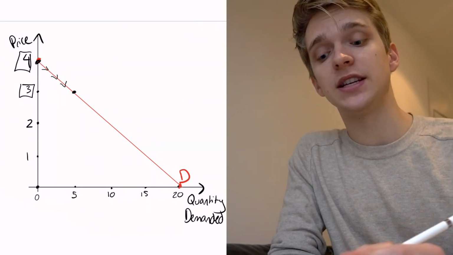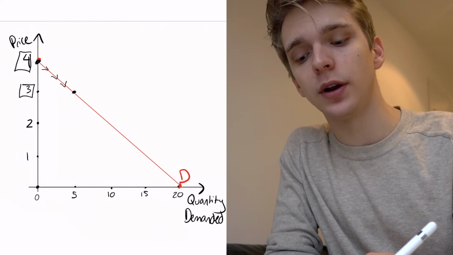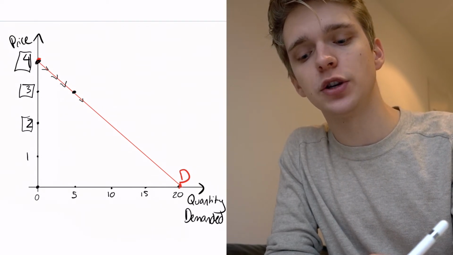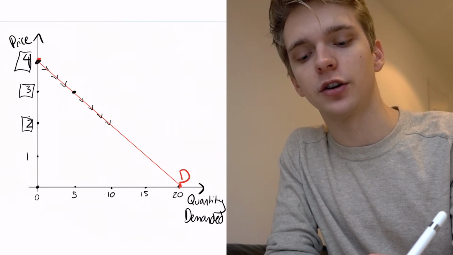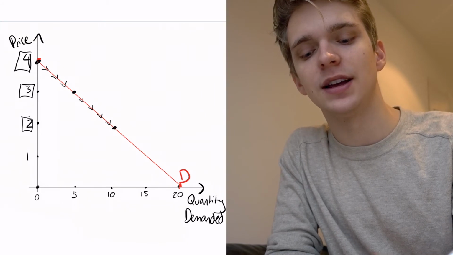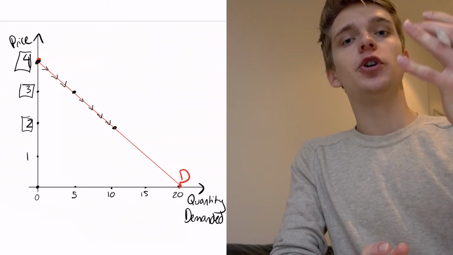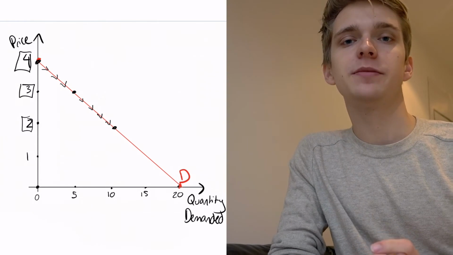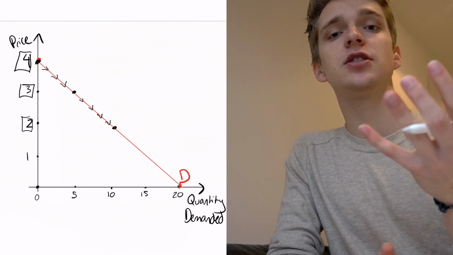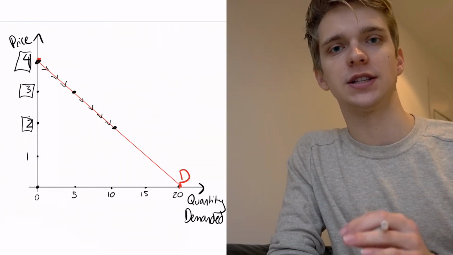If we lower the price even more, we would move from that point down to where the price is 2. So we would go along the demand curve to where the price is equal to 2. So we'll see a movement along the demand curve anytime we change the price of the good that we're considering.